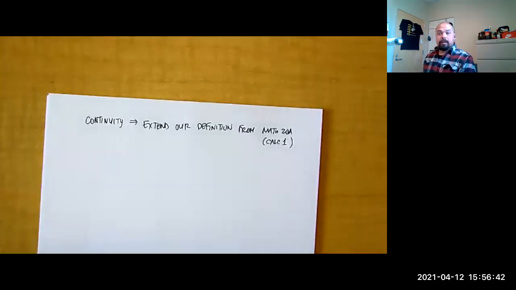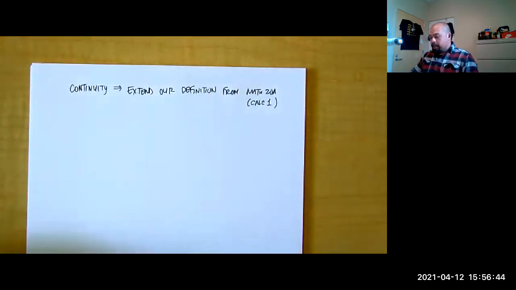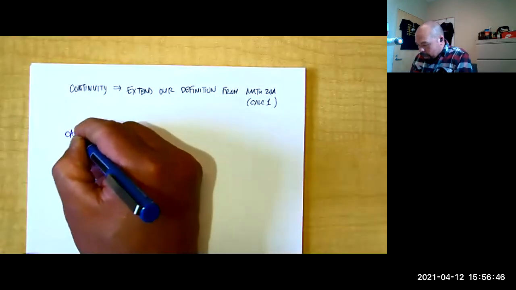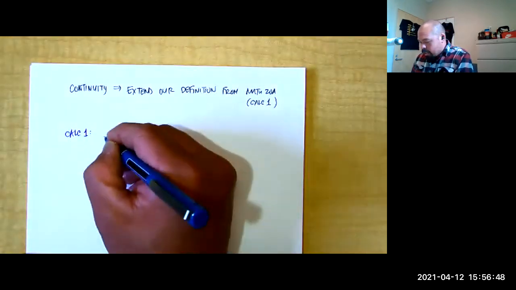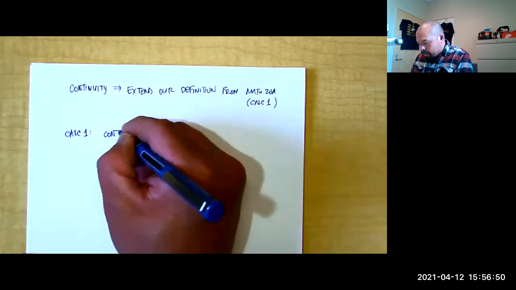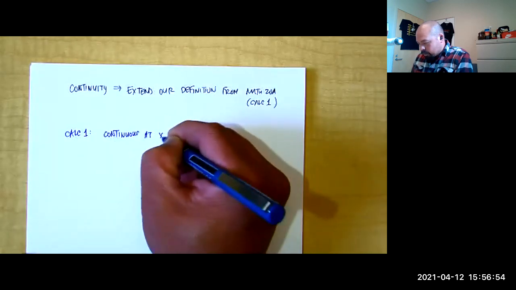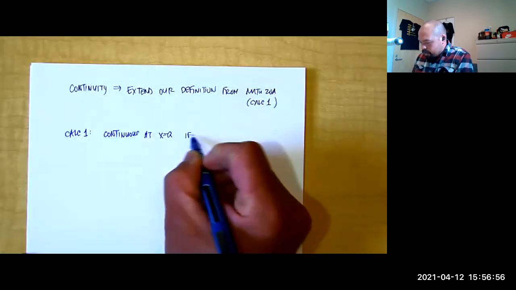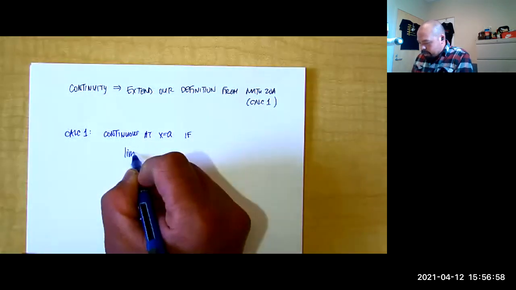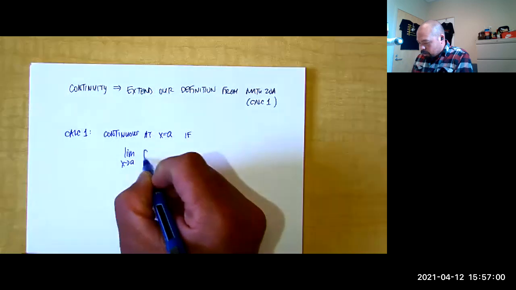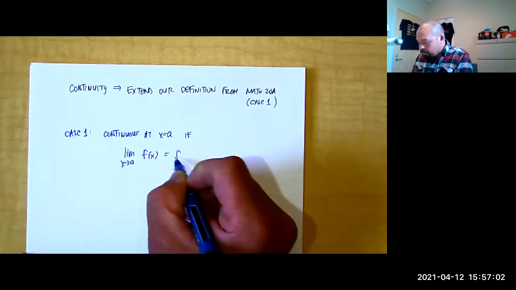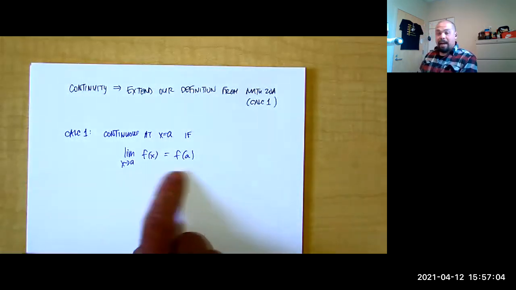Right, and so from Calc 1, we're going to be continuous at x equals a if the limit as x approaches a for our function was actually equal to f of a.